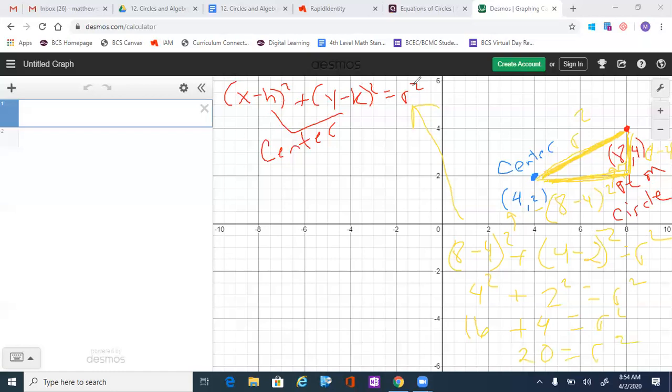Notice real quick that all we need for this equation is r squared. So I'm going to set up the equation of the circle with everything that we have.